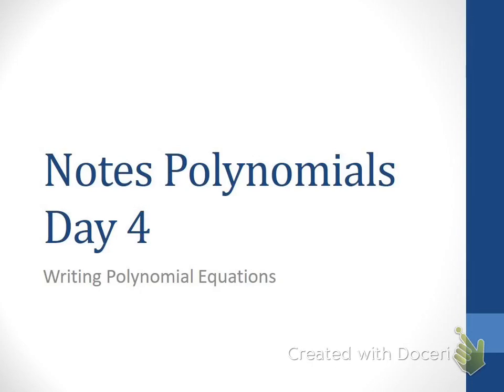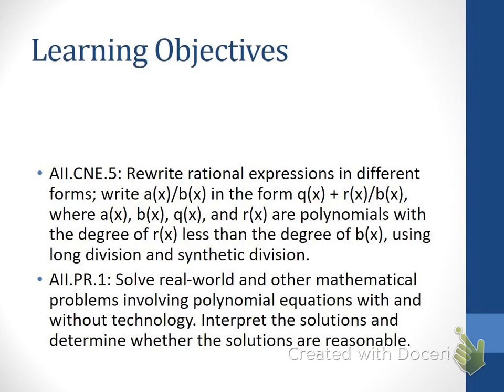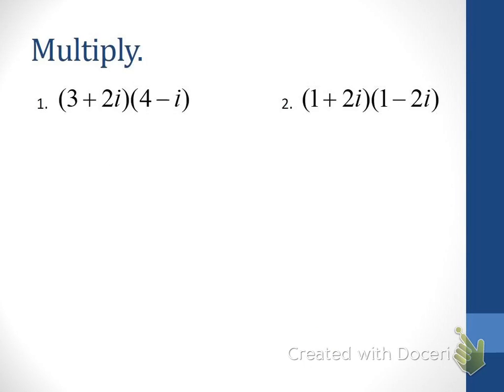And if we can continue to make this connection between solutions and factors, then it's going to make our lives a whole lot easier, right? So the point of today is, again, to be able to take these solutions, these zeros, and create polynomials.